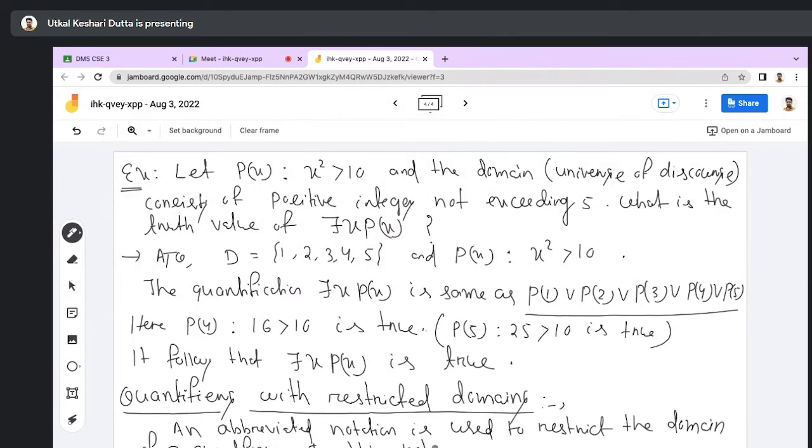In this notation, what type of notation? We will add a condition, a condition that the variable must satisfy, is added or included after the quantifier.